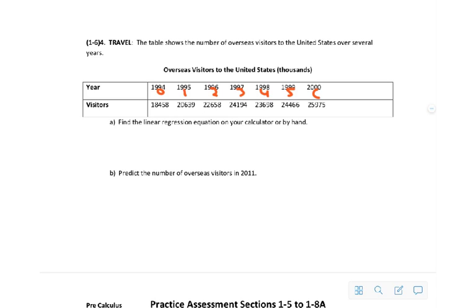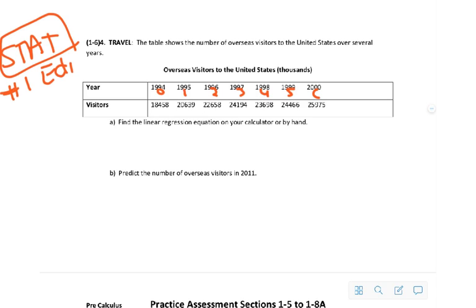So when we go find the linear regression on the calculator, remember that you're going to go to Stat, which is a button on the calculator, and then it's already highlighted on number 1, Edit. You're going to put the years in list 1 and the visitors in list 2. If you need to clear old data, you put the cursor on L1, press the clear button, and then press down.